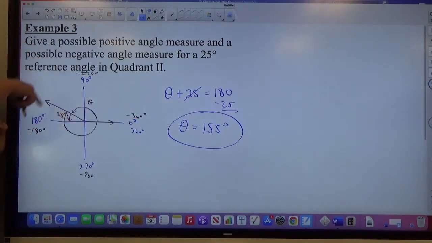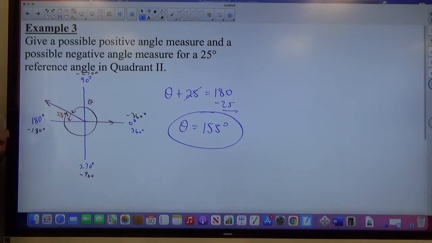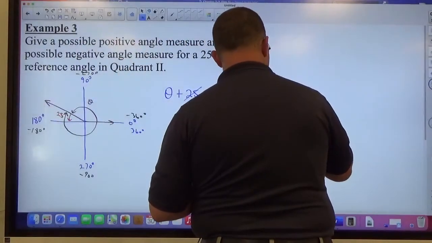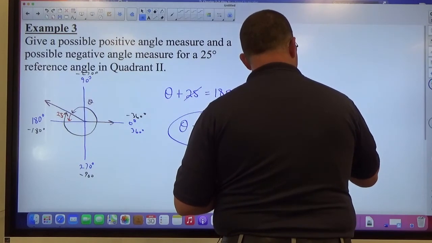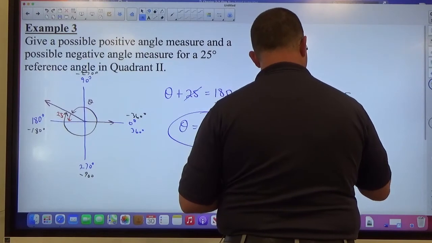If we go in the negative direction, we're going clockwise, that's a negative direction. Notice we're going 90 plus 90 plus 25. Right? We're going 180 plus 25. So, in the negative direction, theta is going to be negative 180 degrees minus 25 degrees, which is negative 205 degrees.